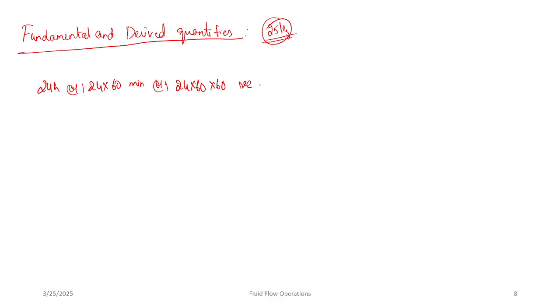So which would be the convenient way? Even if you simplify this, what will be the number of minutes that we'll be having in a day? You just multiply it and tell me. Sorry, number of minutes that we'll be having in a day.